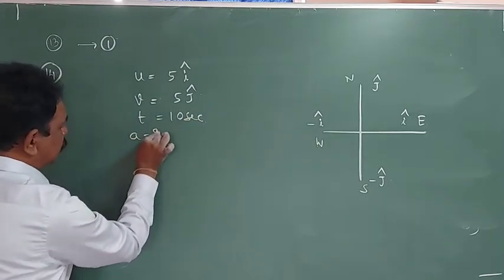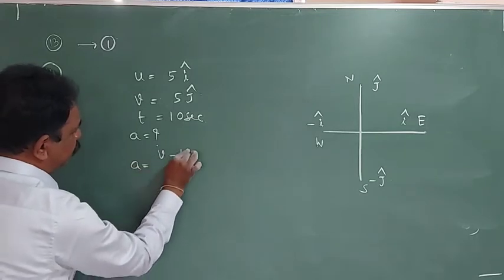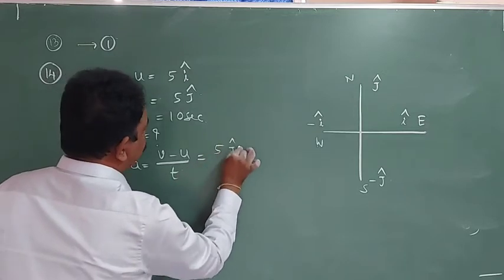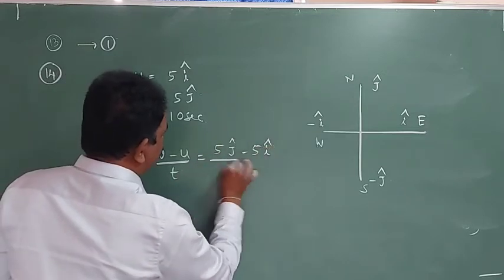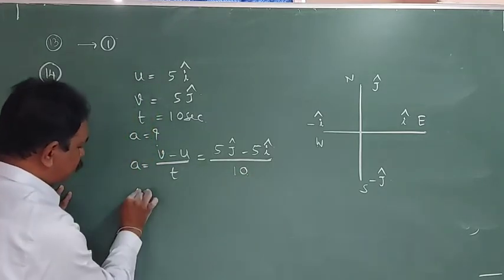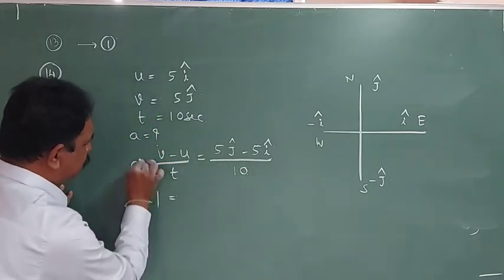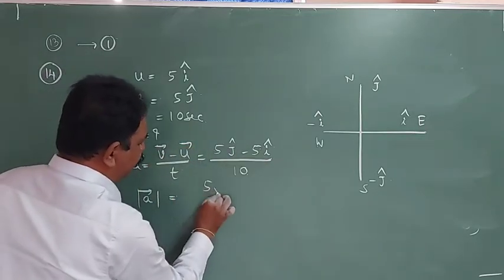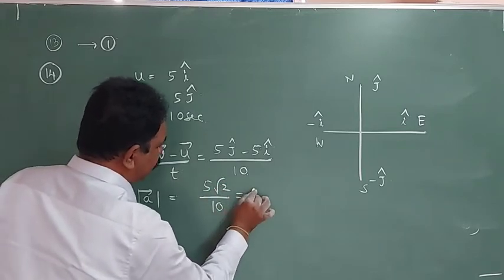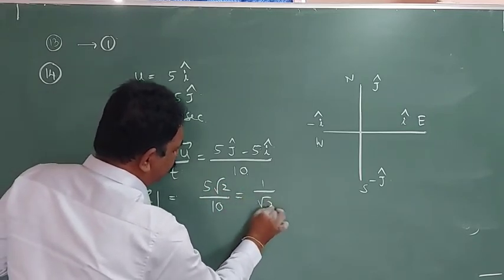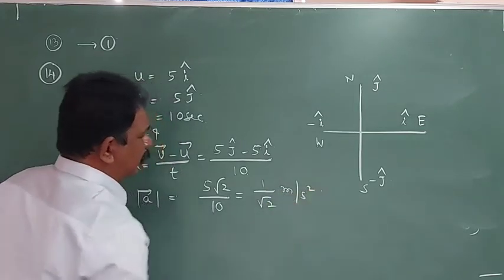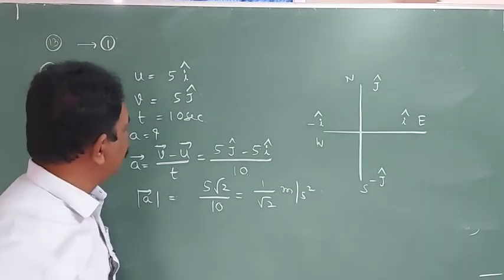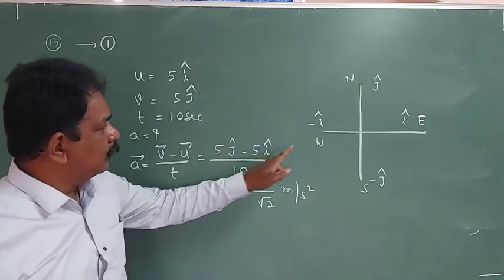What is the acceleration? (v minus u) by t, (5 j cap minus 5 i cap) by 10. So modulus of a is equal to, this is a bar actually, this magnitude will be 5 root 2 by 10. So 1 by root 2 meter per second square.